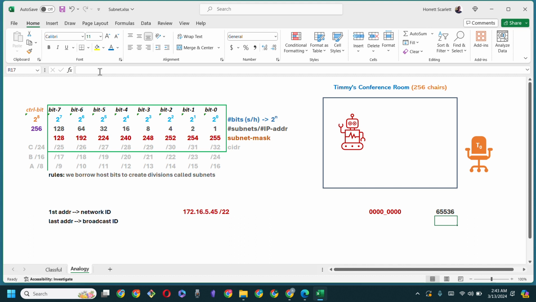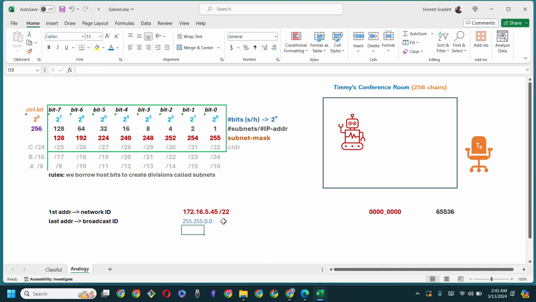Alright, having gotten that out of the way, remember we are now doing subnetting, which means we are going to borrow some host bits so that we can create subnets. The default subnet mask for Class B is 255.255.0.0. That's what we know. But given the slash notation /22, that is telling us that we are borrowing some of the host bits.